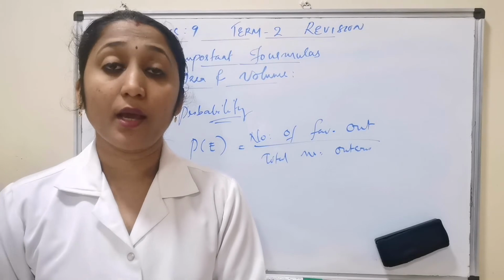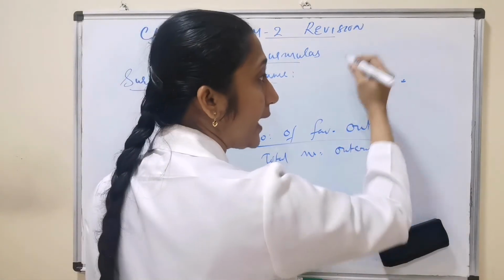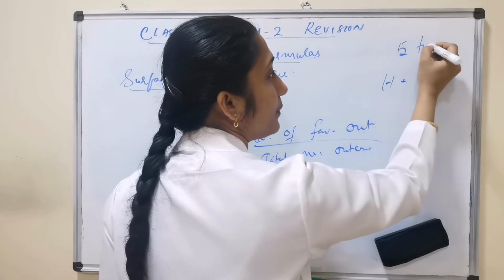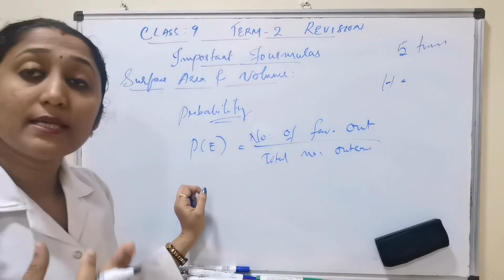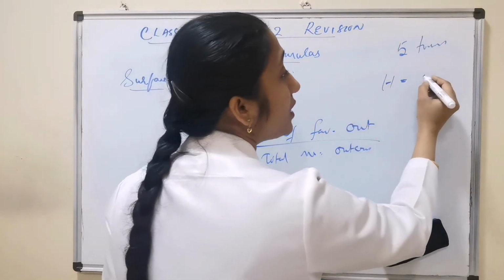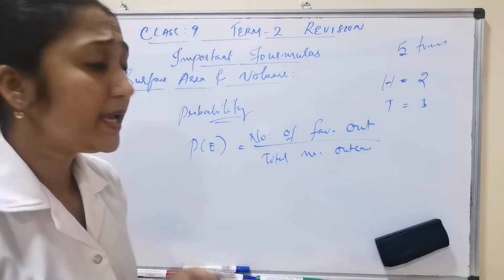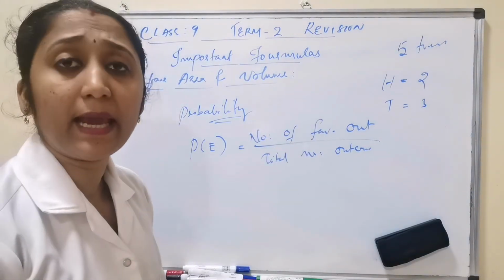Okay. If a coin is tossed 5 times, the number of heads is 2 and the number of tails is 3. So here what is the probability of getting a head?